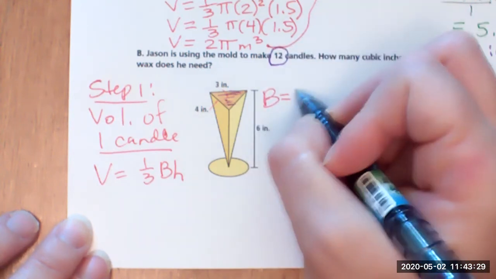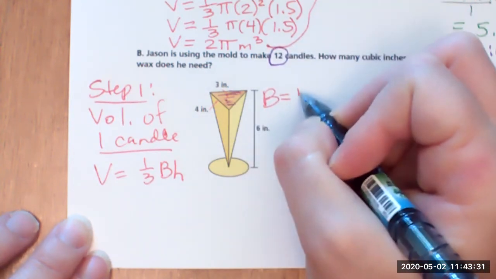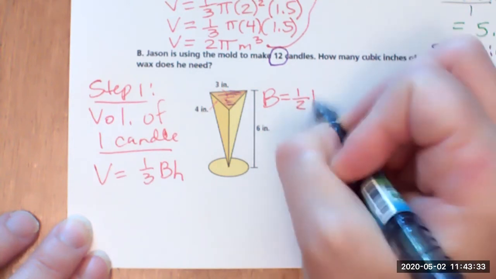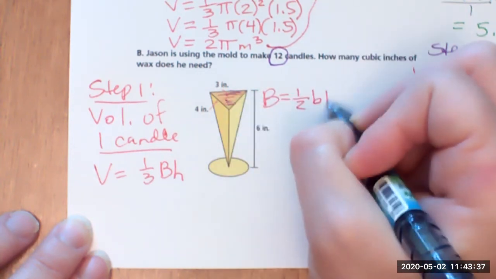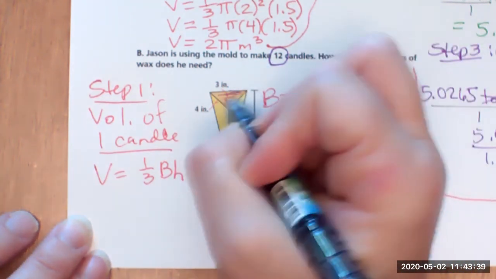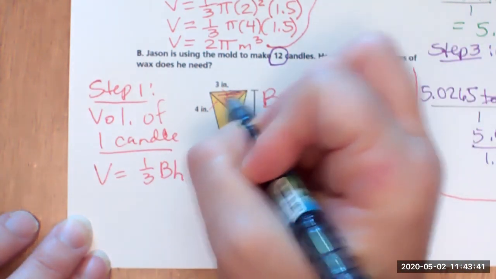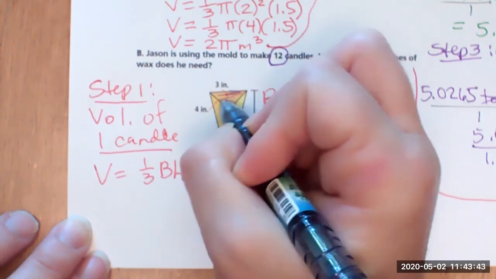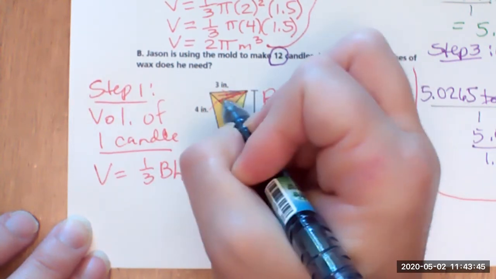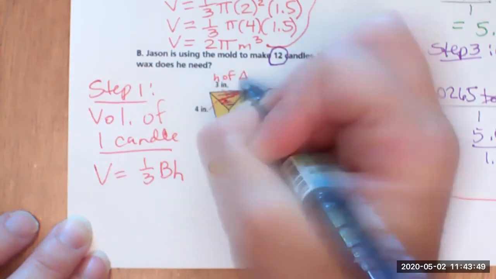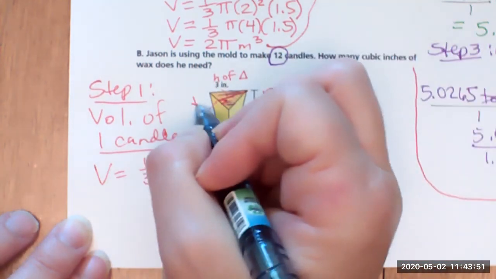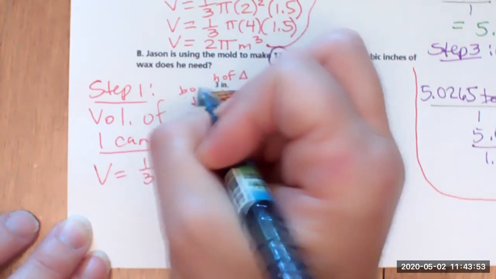Now to get the area of the base, the area of the base is 1/2 of the base of the triangle times the height. I kind of went over this when I was shading in the base, but this 3 inches right here is the height of the triangle, and the 4 inches is the base of the triangle.